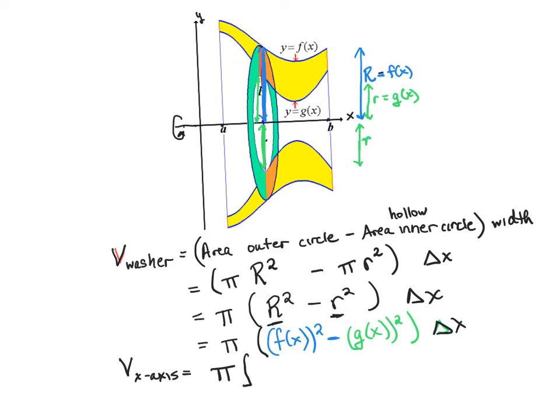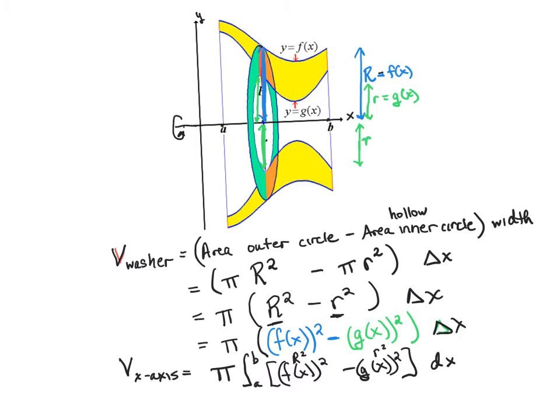The limits of integration are still from x equals a to x equals b, just like they are for area. But the integrand would become f of x squared minus g of x squared, and the delta x would become dx. And remember, this is the outer radius squared minus the inner radius squared.